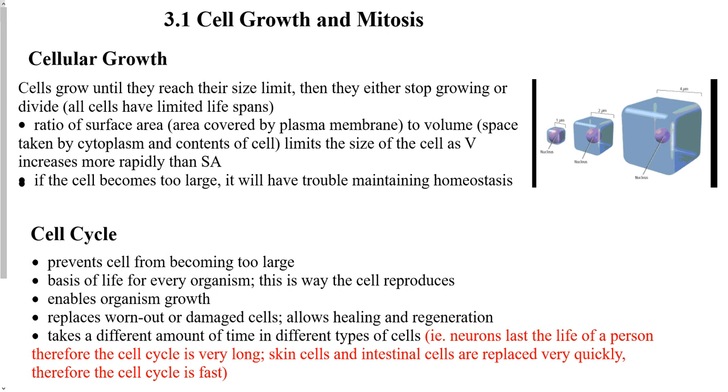So as the cell gets bigger, the volume of the cell actually grows way quicker than the surface area. So there's less area for things to diffuse through, but it has to travel further. So it's a ratio between surface area and volume. And the bigger the cell gets, it has more volume but less surface area.